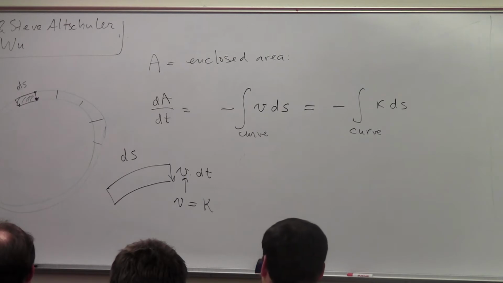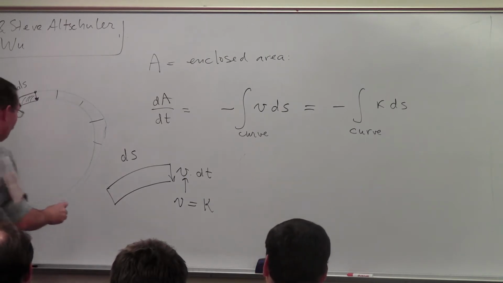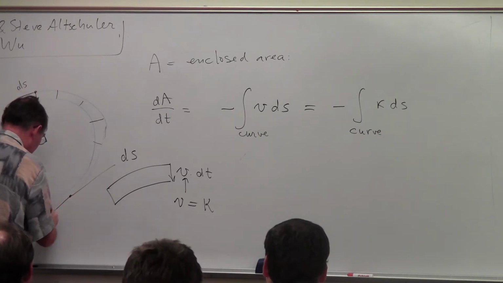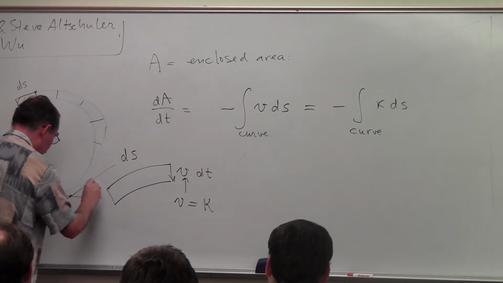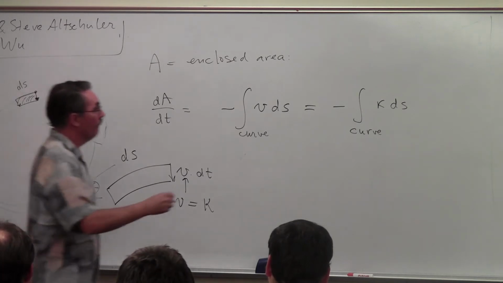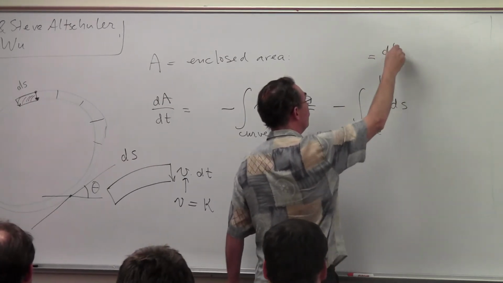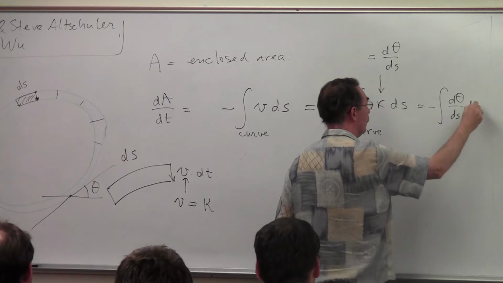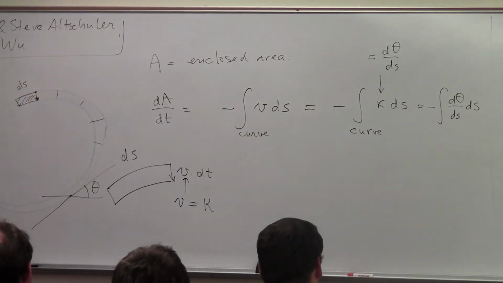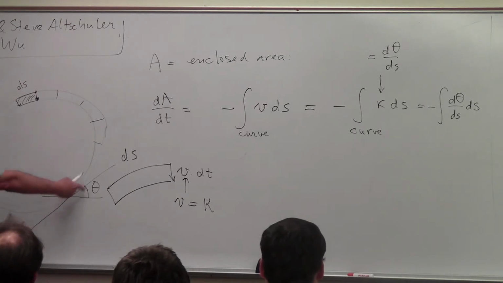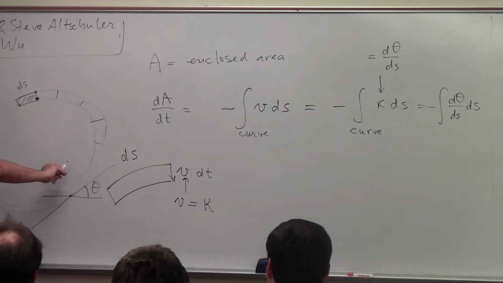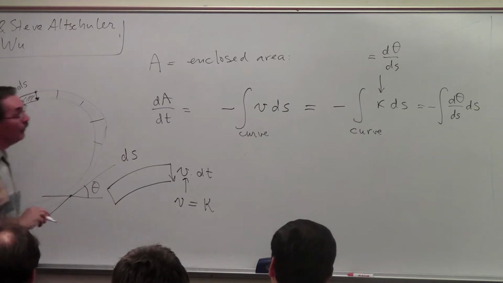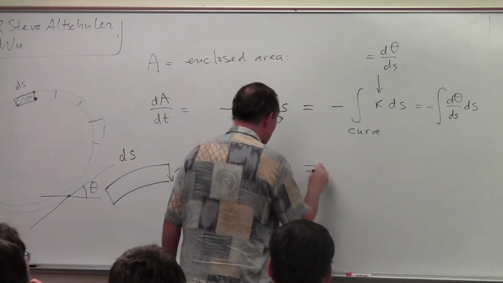And the curvature is the derivative with respect to arc length of the tangent angle theta. So what is the integral of the derivative of theta? That's just the amount by which theta changes as you go around the curve. If you go around the curve once, the tangent angle rotates exactly once through the whole angle of 2 pi. So this is always minus 2 pi.